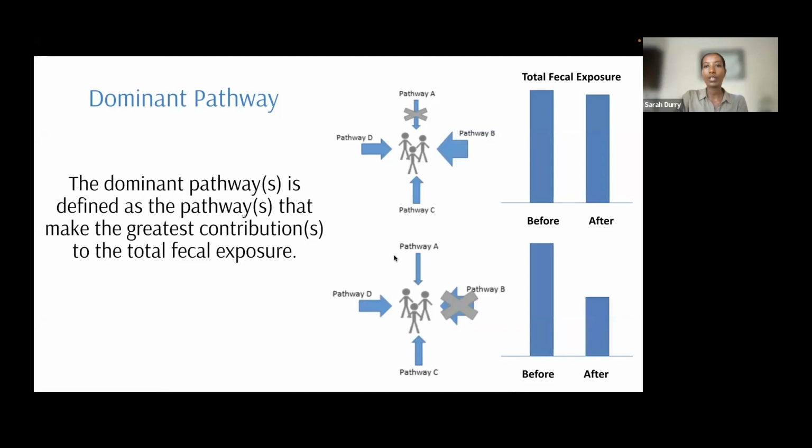And reduction of a pathway may have, as you can see in this top example, reduction of pathway A, removal of pathway A only made a small reduction in total exposure. But if we look at the bottom example here, removal of pathway B, which we would call our dominant pathway, as you can see from the size of the arrow, has made a bigger impact on total fecal exposure.